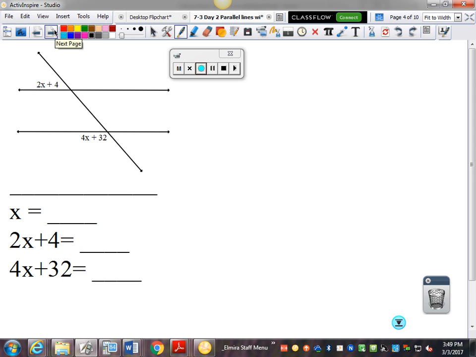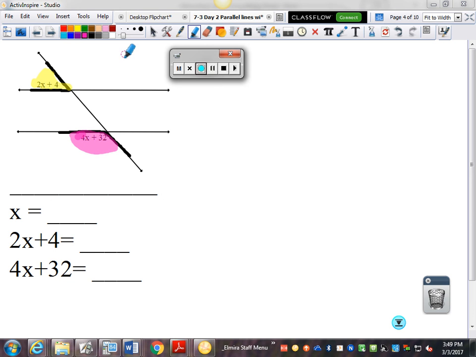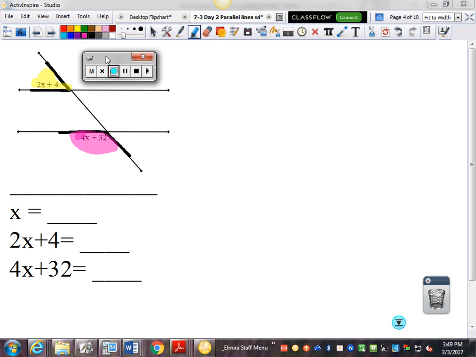Okay, next one. 2x plus 4. Well, that's an acute angle. And 4x plus 32, oh, that's an obtuse angle. They are different. So this one I will color one color, and this one I will color a different color. And the coloring, like I said, is to help us set up the equation correctly.